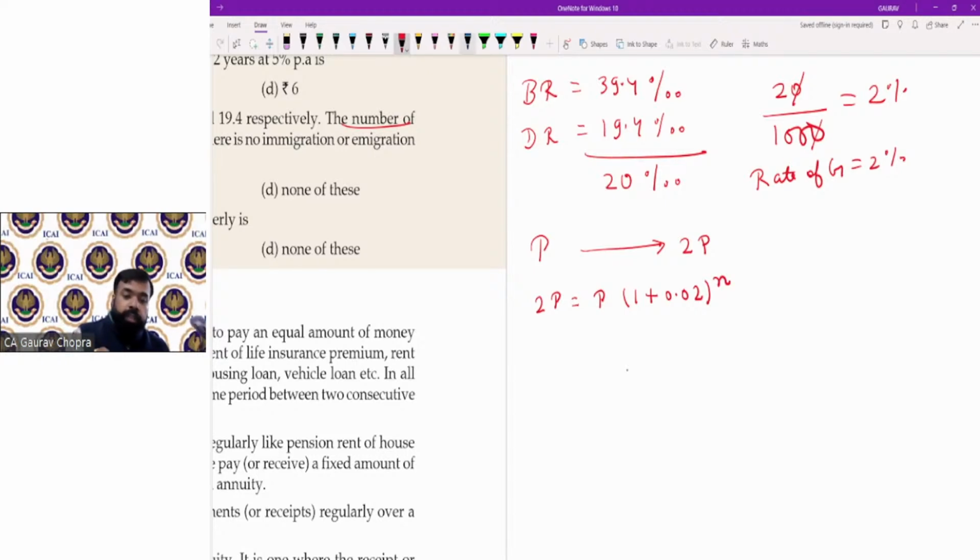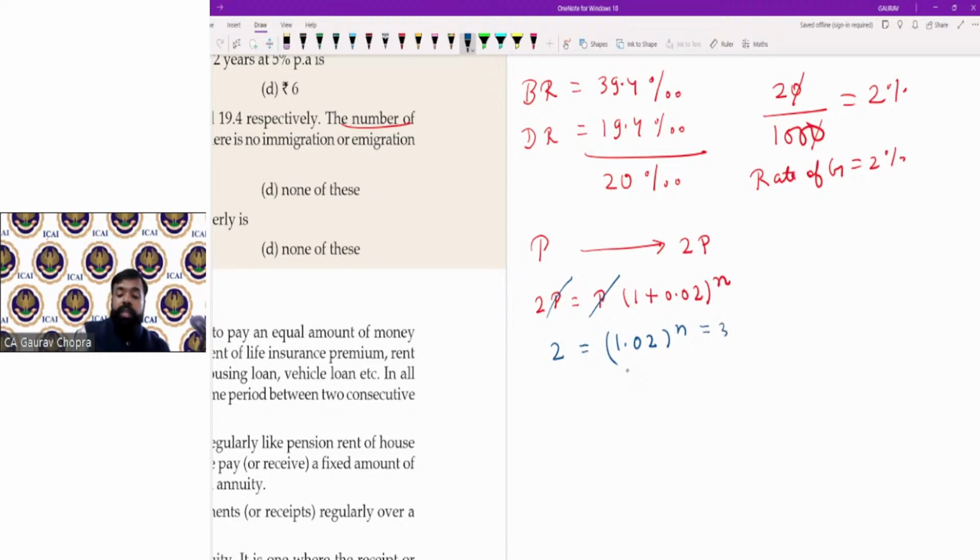Now cancel P from both the sides. Now again on the calculator you have to perform 1.02 to the power of n and it is 2. तो n की जगह पर आप क्या रखें जिससे रिजल्ट 2 आ जाए? So type this on the calculator and get the result.